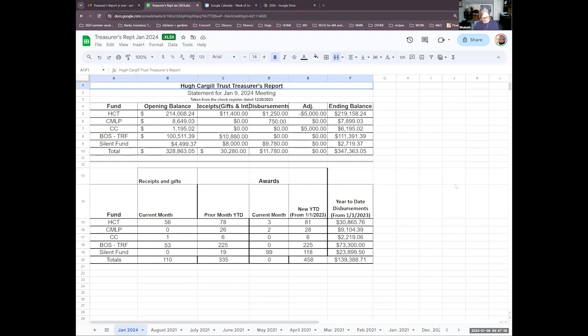The other thing I decided to do this month, being the first month of the year, is to share the calendar with everyone. Judy gave me this calendar and I've been editing it as things change or adding things that help us run our meetings. And I look at it before each meeting to see if there's anything we're supposed to be doing.